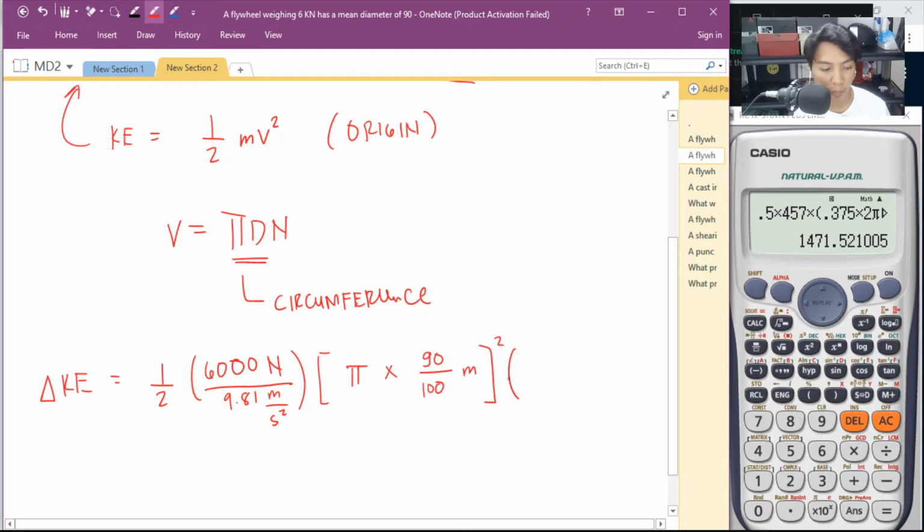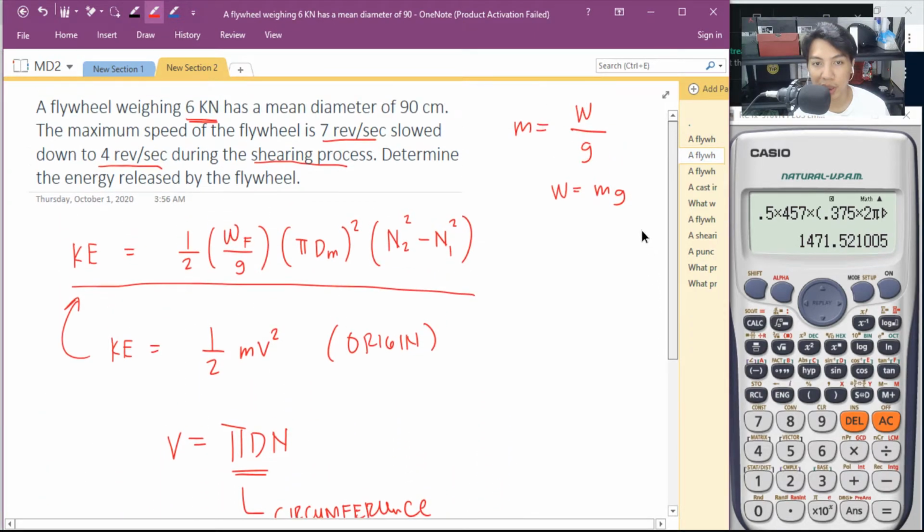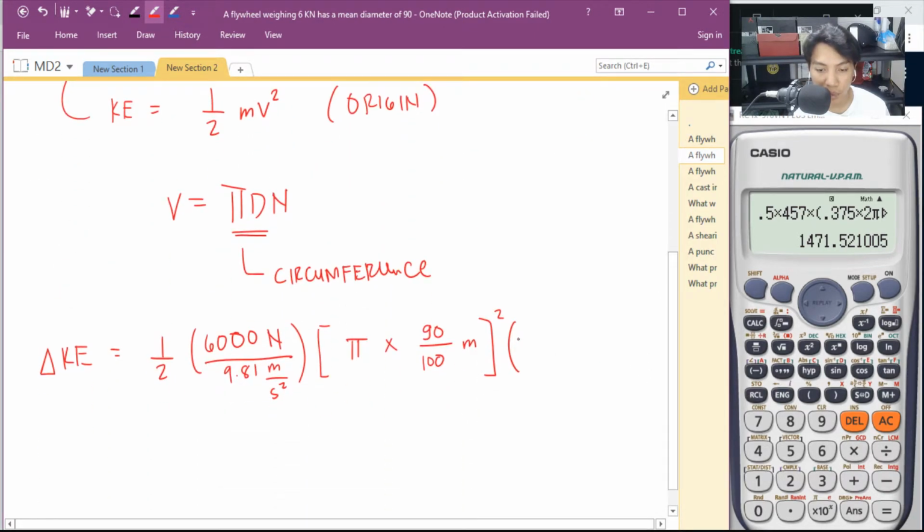Multiplied to 2. Tapos, ano binigay sa'yo dyan? 7 and 4. 7 squared minus 4 squared, revolution squared over second squared.